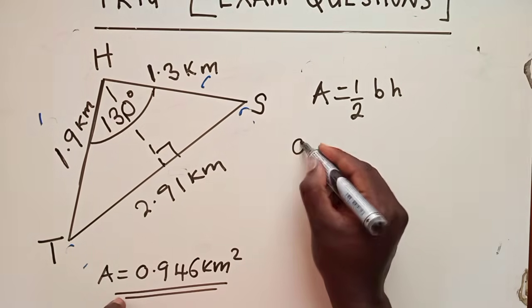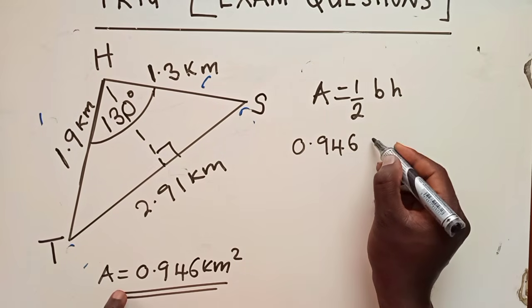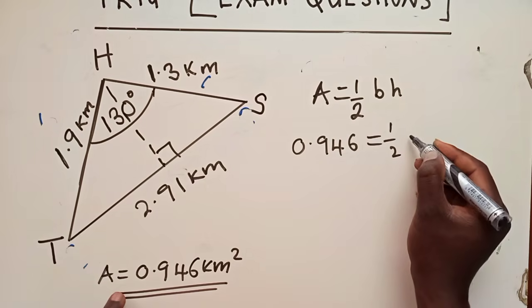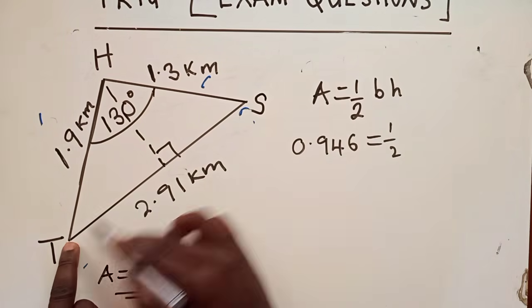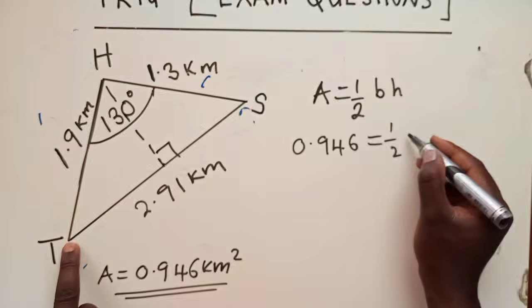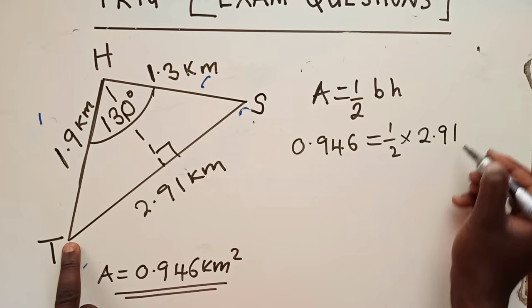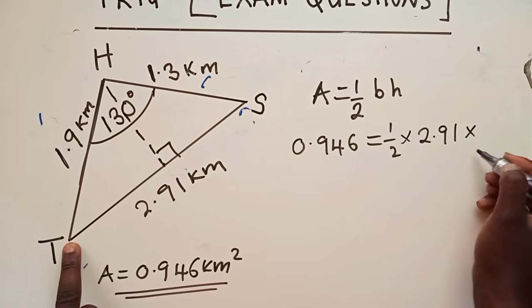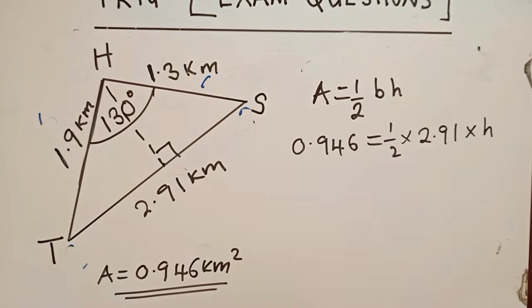So the area we found is 0.946, which is equal to this. And on b, we put the distance from T to S, which is 2.91, times h, the height.